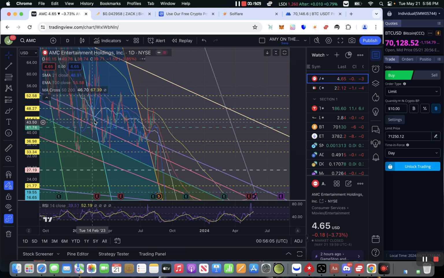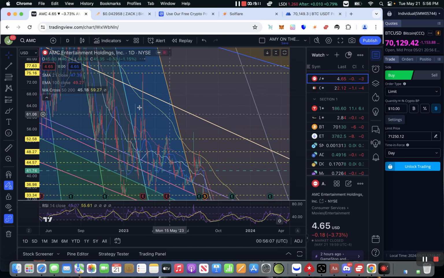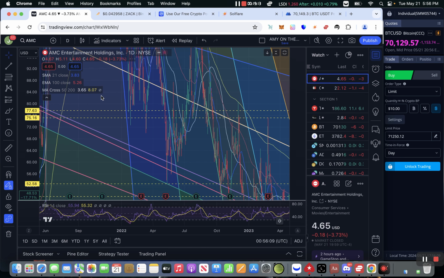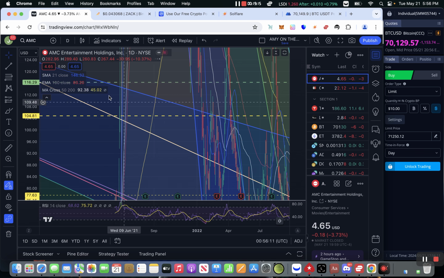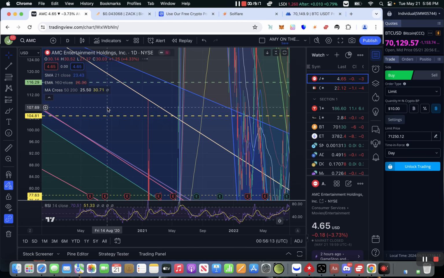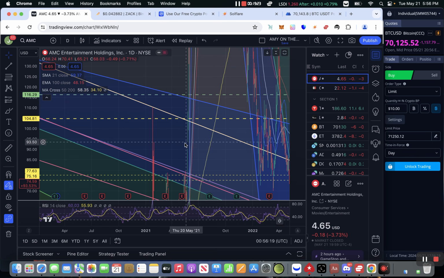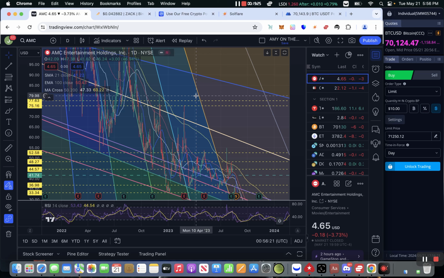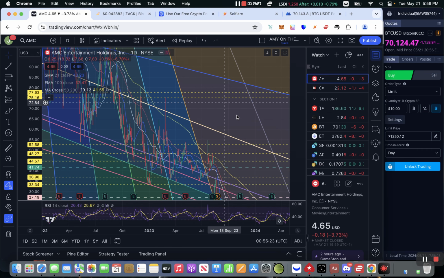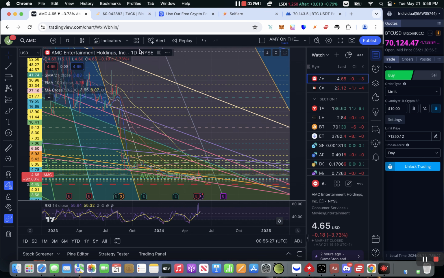I was doing just some lines to see what fits, what does what, and I just wanted to do one on January 21. This one right here goes over here. It goes across.